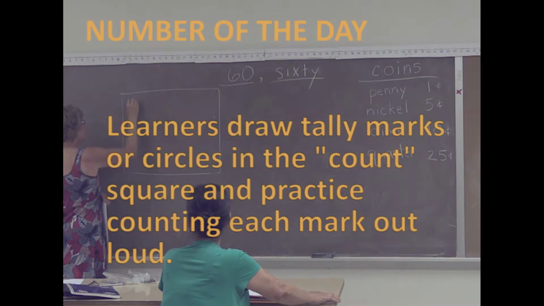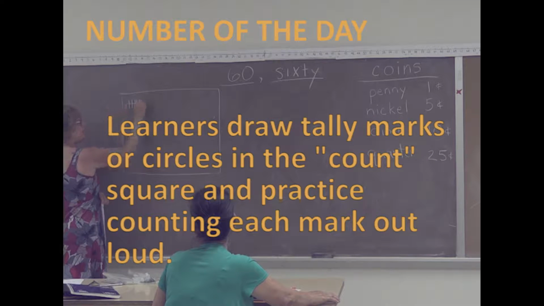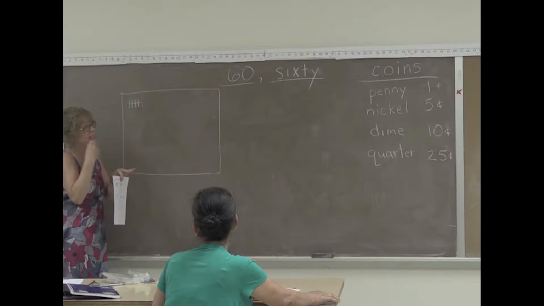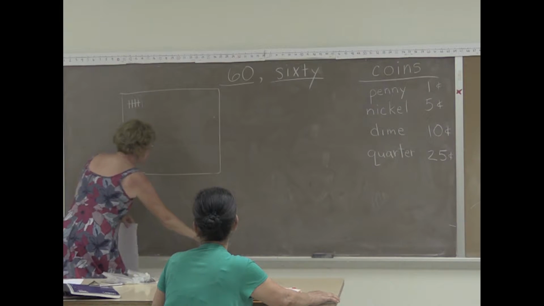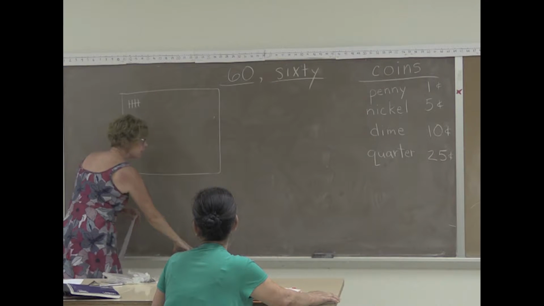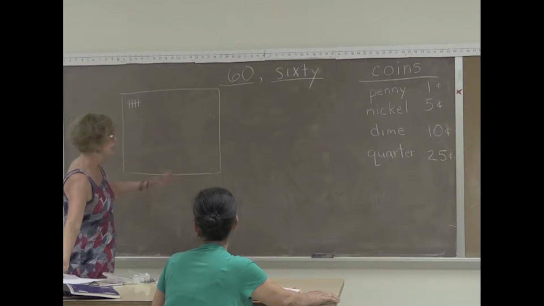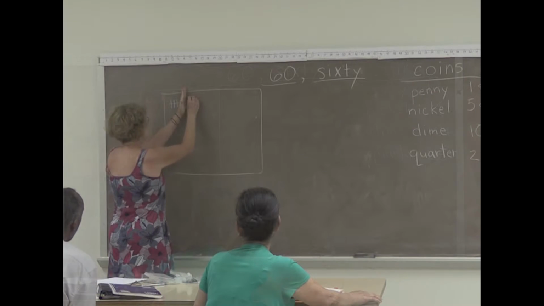Ready? 1, 2, 3, 4, 5. Now, I do not want to put number 6 close to number 5. It makes it difficult to see. Give your eyes a little space between. Okay, I'm going to move over. All right, so we have 5.